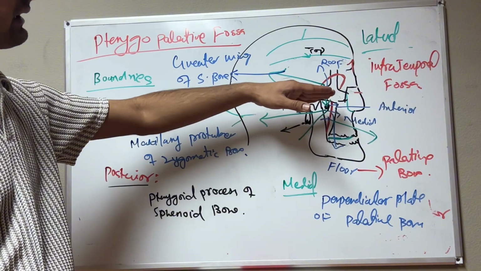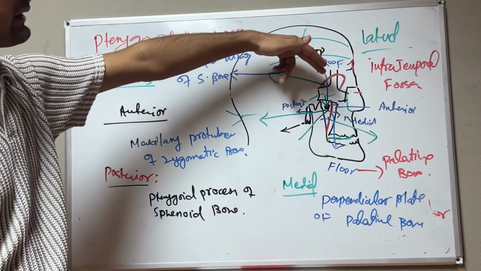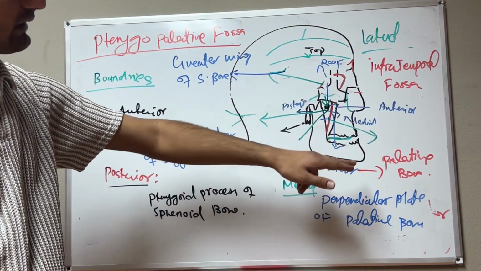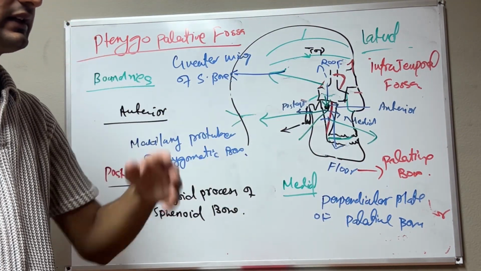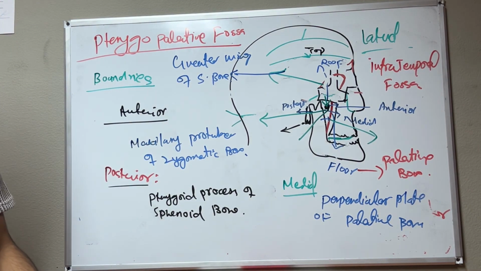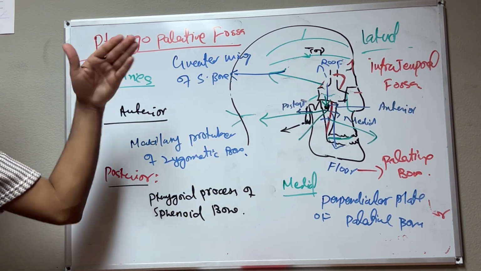Laterally we have the infratemporal fossa. The roof has a connection with the greater wing of the sphenoid bone. And the floor has the palatine bone, located in the oral cavity. These are the boundaries of the pterygopalatine fossa: anterior, posterior, medial, lateral, roof and floor.